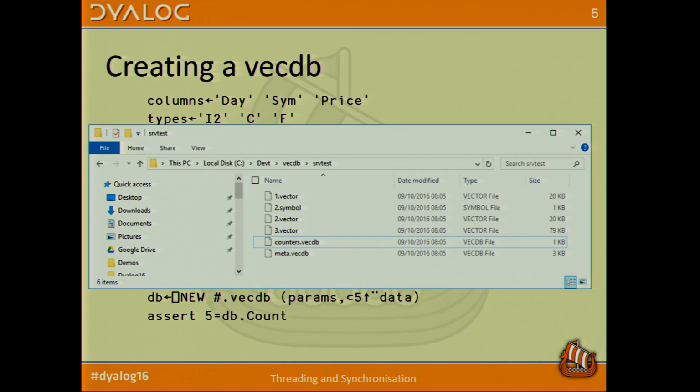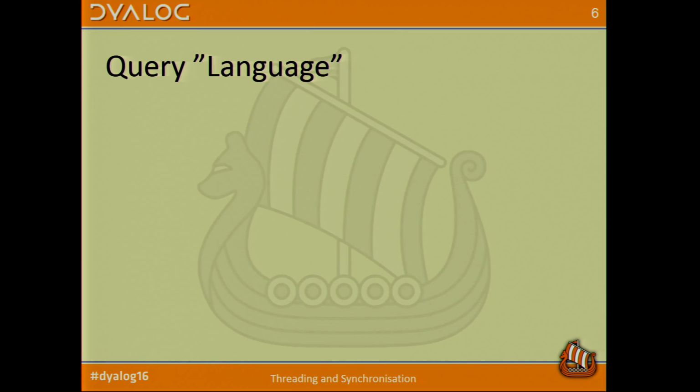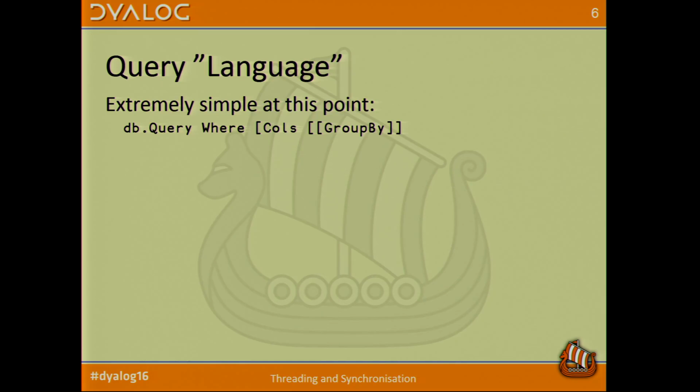And then we can assert that we have 5 records, db.count, and we can append the rest of the data, and it'll grow. The query language is extremely simple at this point. There's a function called query. You can have a where statement, you can select some columns, and you can specify some group bys.